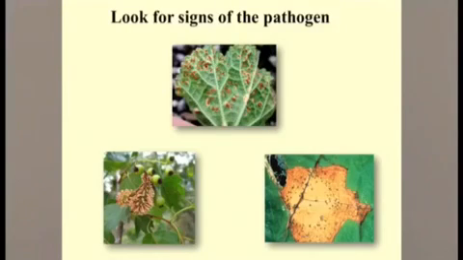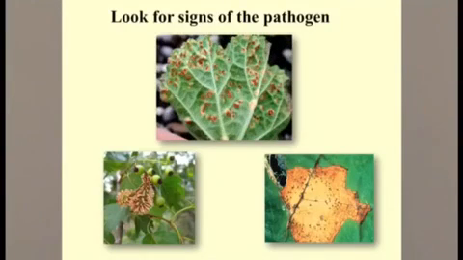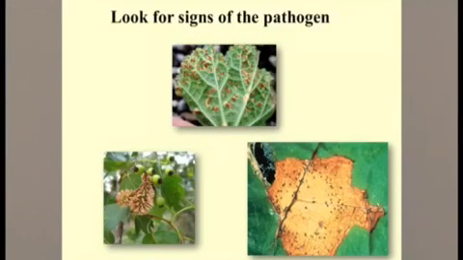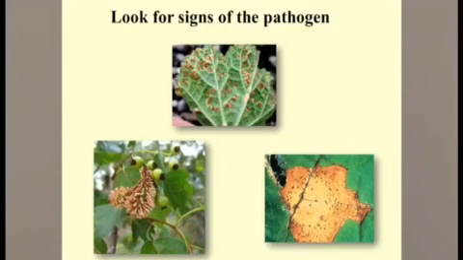You can see the sign if any insect is present on the leaves or the stem or on the twigs of the plant. So it will be the sign of that pathogen. You can see the signs on the leaf. These are all the signs.